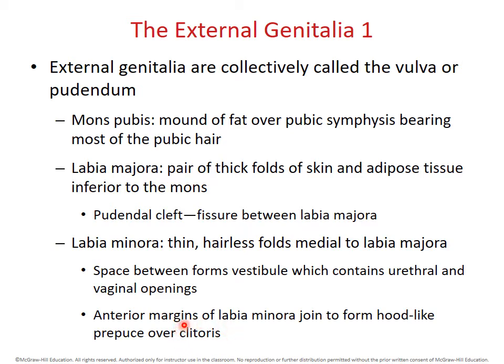and engorging with blood. In the male, that was the glans penis. In the female, this is known as the clitoris. Like the glans penis, it is erectile, and like the glans penis, it has lots of sensory neuron fibers in it, so it's highly sensitive to stimulation, and this is part of the female sexual response during intercourse.